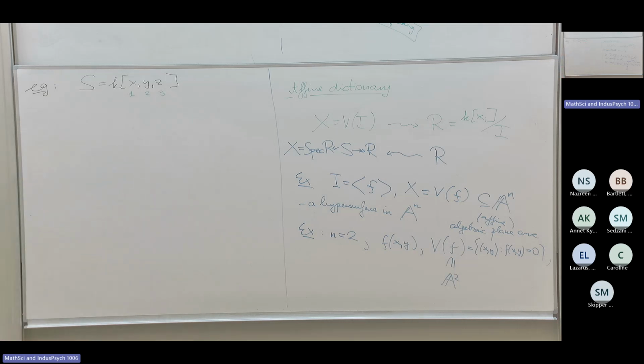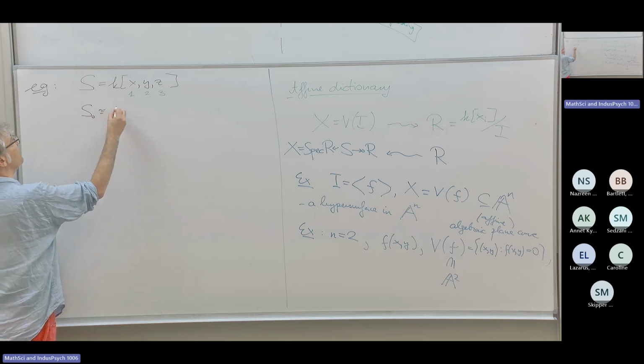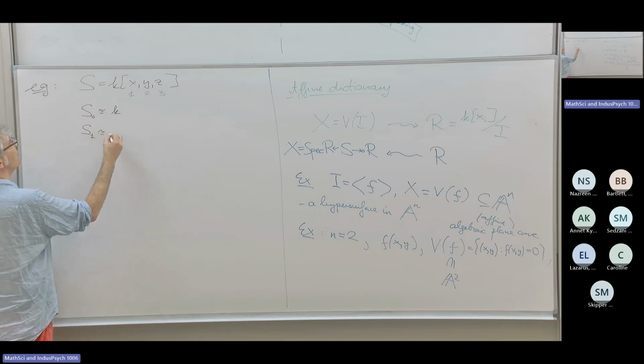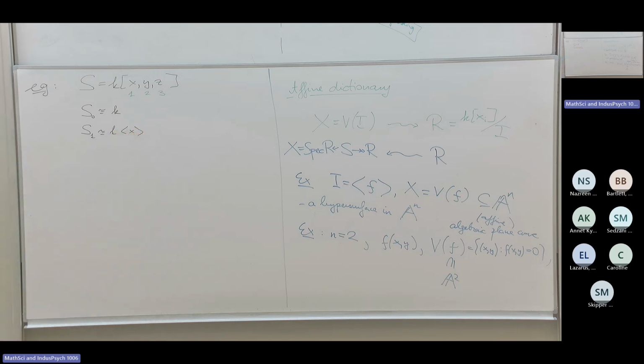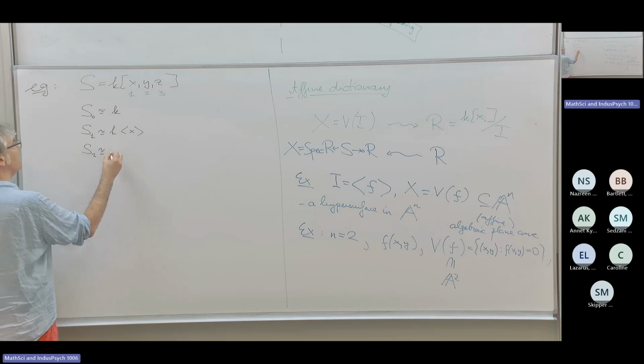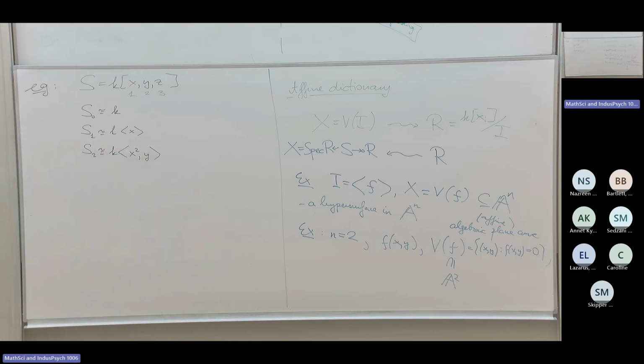So what does that mean? Well, it's a graded algebra. S_0 is isomorphic to K. S_1 is isomorphic to K span X. X is the only degree 1 element. S_2 is isomorphic to K span X squared and Y, because these are the degree 2 elements. S_3 is isomorphic to K.